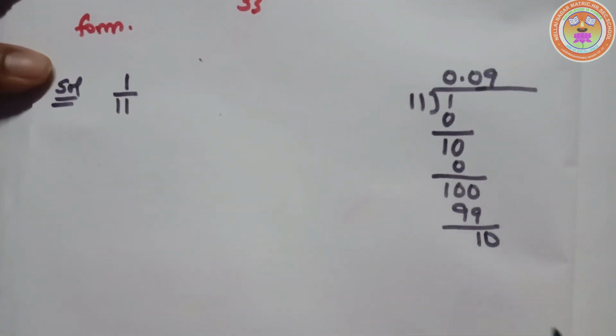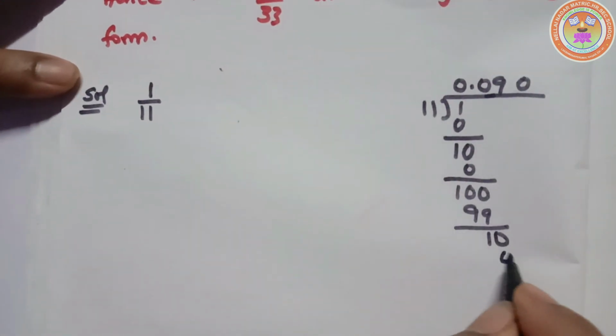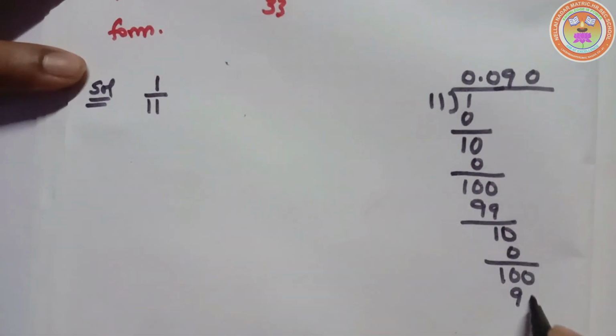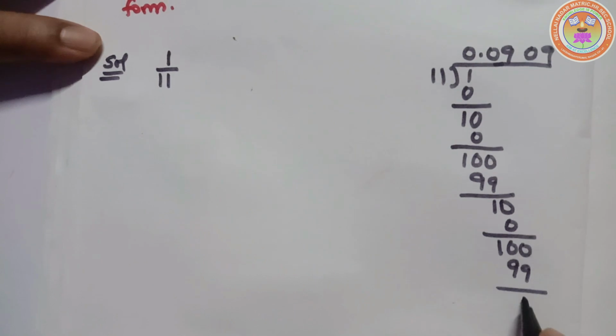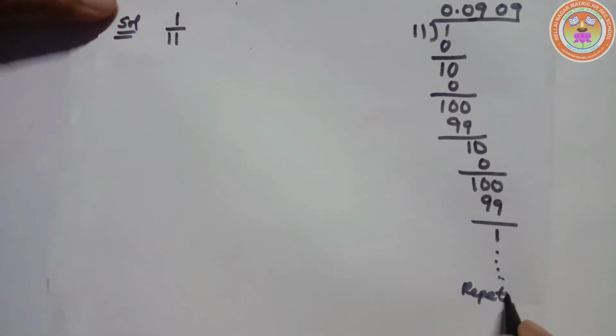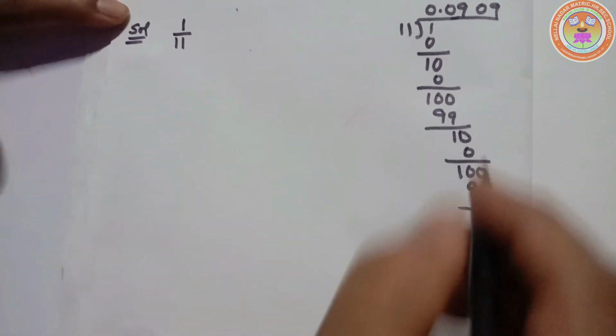Again 0, 11 goes 0 times. Again 10, take 0. 11 nines are 99. Like that it is repeated. The remainder won't become 0.